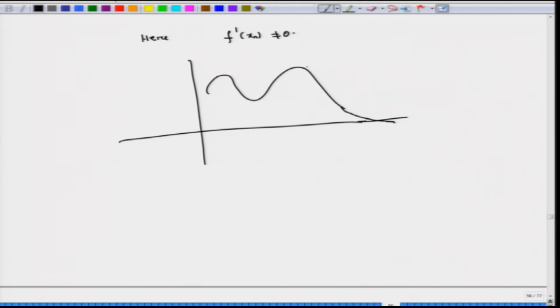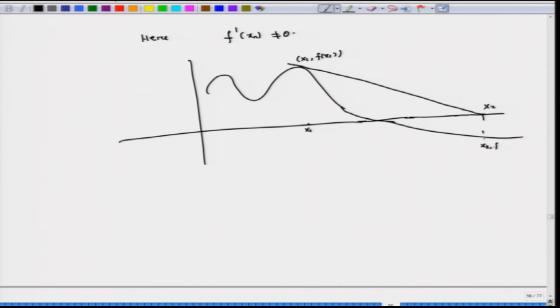Suppose I take my x 1 here, then this is x 1, f of x 1. Now, if I draw the tangent, then this is going to be my x 2. Now, this is x 2, f of x 2.